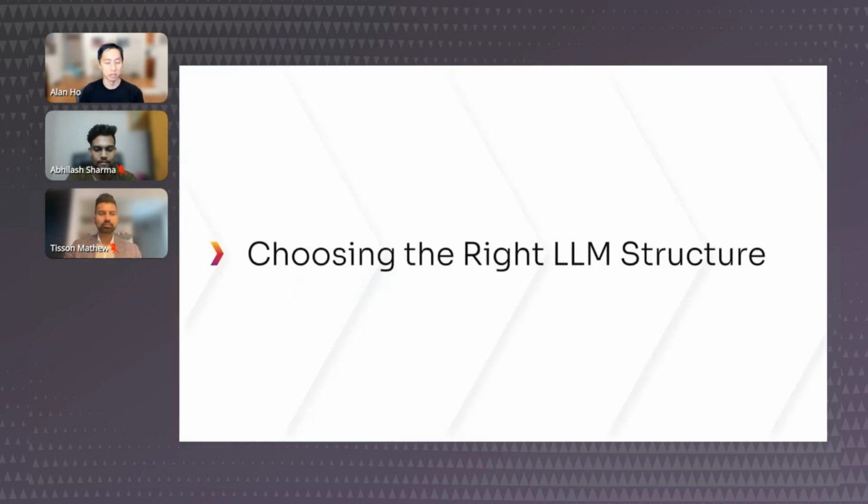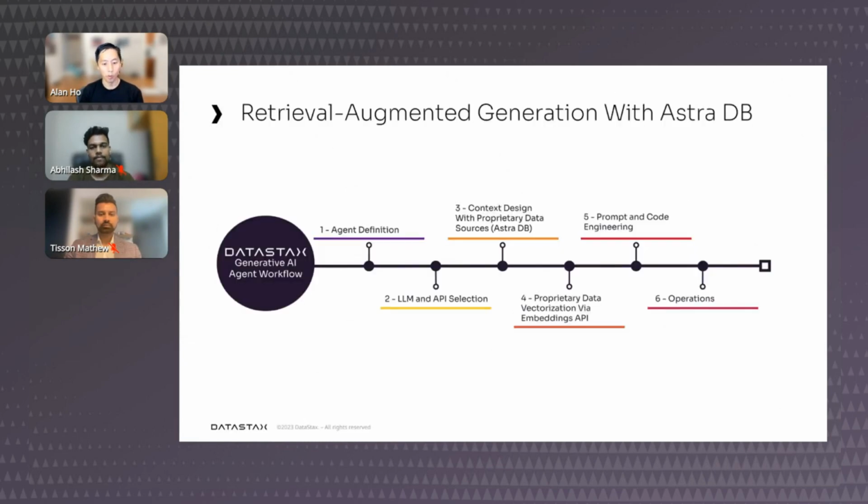All right, so let's talk about choosing the right LLM structure, namely, what is the right architecture? When we think about retrieval augmented generation, this is the most popular architecture for leveraging your enterprise data for building your generative AI app.